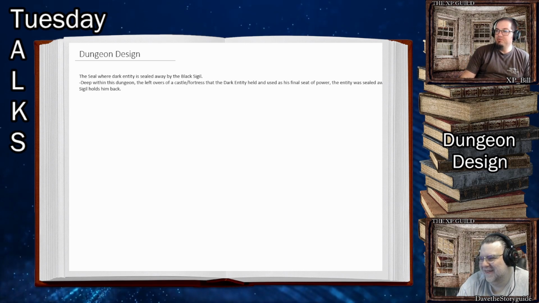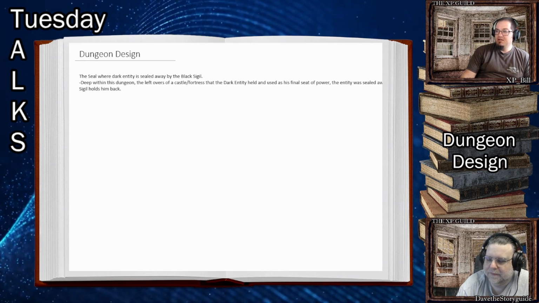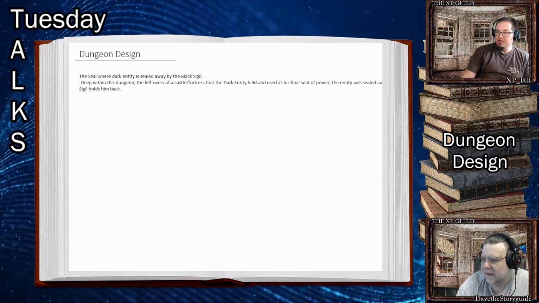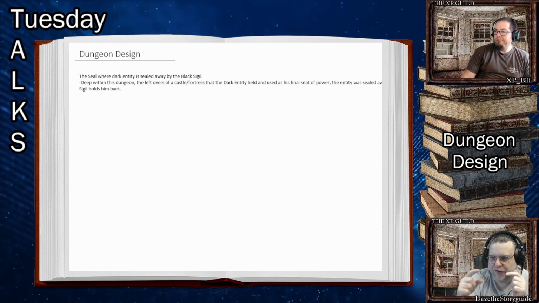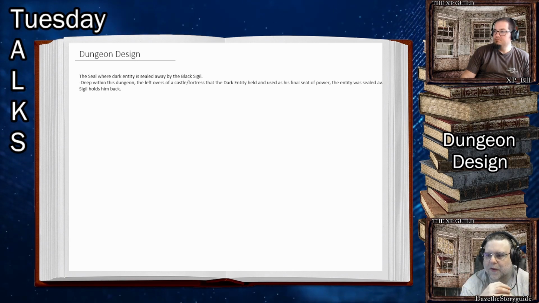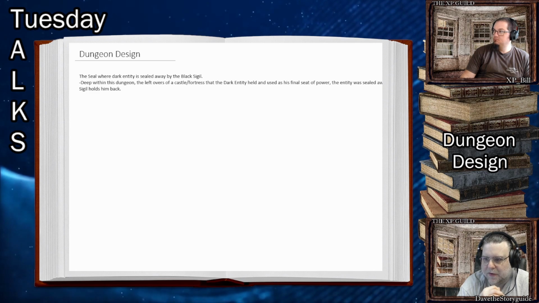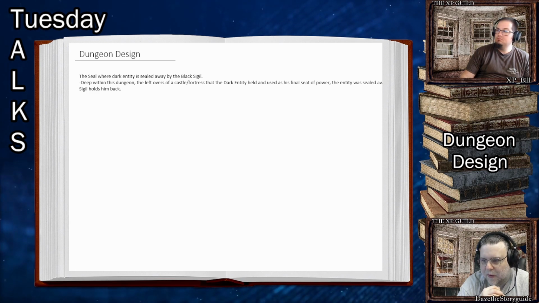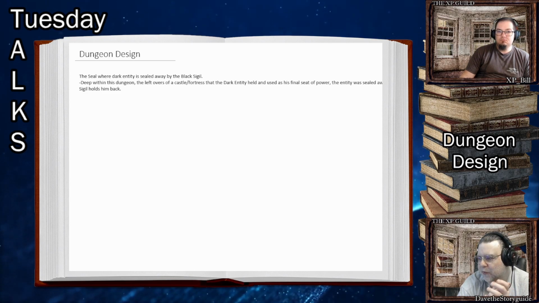Whatever you want. The dark entity should be something powerful and something scary. Especially if you're tying in all of these factions and things that we have made so far, it should be your main quest, your main campaign goal, if you would.